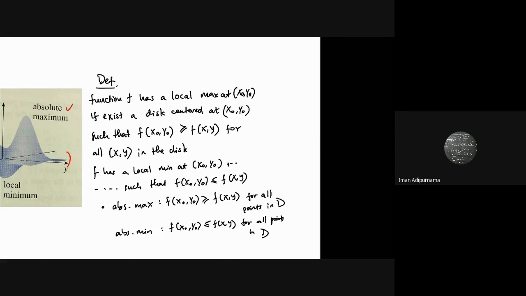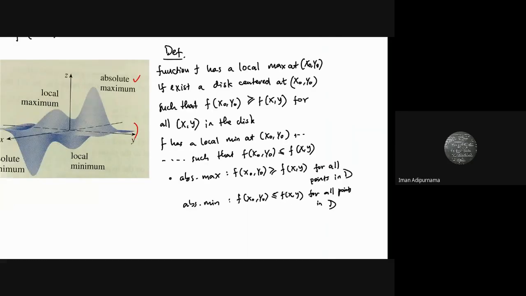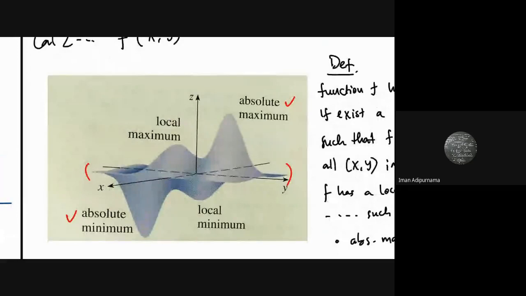Okay, same. So if we look here, let's say this local maximum is maybe about here. And if we look at the point here, let's say this is the disk. So when we look at this disk, the right one here, that is our restriction to look at the x0, y0.